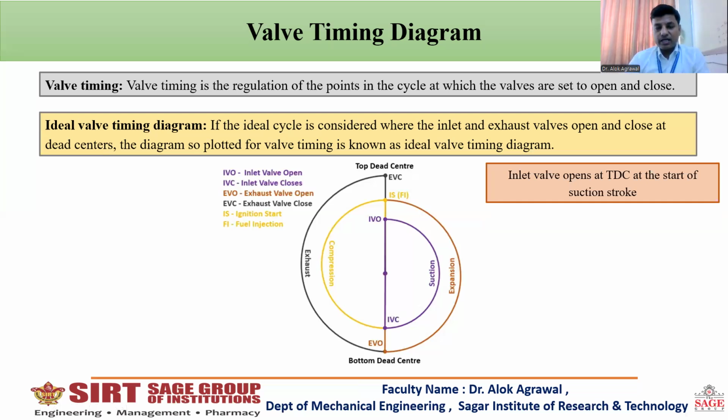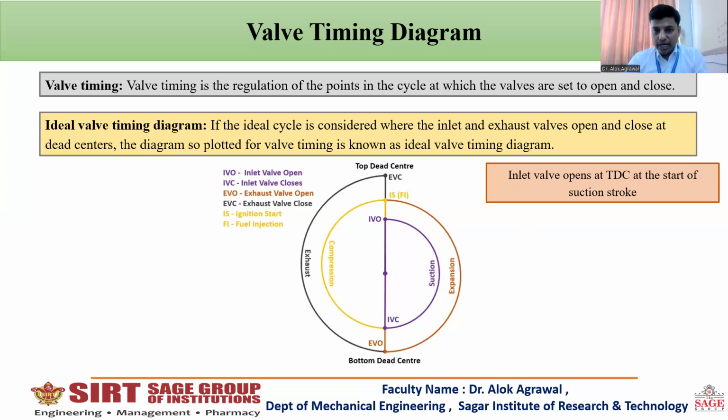And in ideal cycle, we consider that the complete mass of charge will burn when the piston is at top dead center. So here, when the piston is at top dead center, ignition takes place, and at the same time, all the fuel will burn. After that, there is a power stroke or expansion stroke.